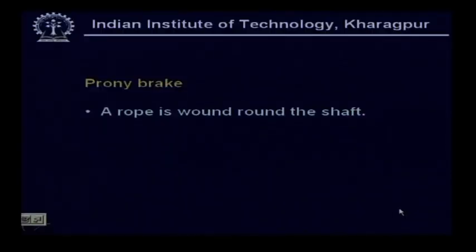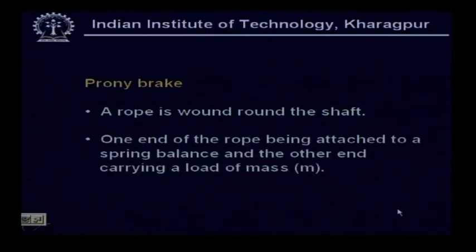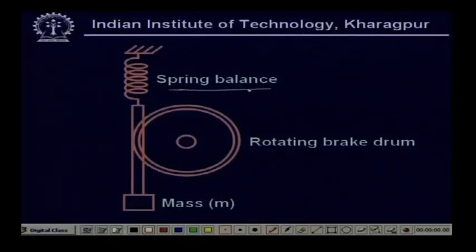Now, the Prony brake method is basically a rope wound around the shaft, one end of the rope being attached to a spring balance and the other end carrying a load of mass m, right. It looks like this, you see we have a spring balance here, and the rope is wound around the rotating shaft like this and it is coming like this.